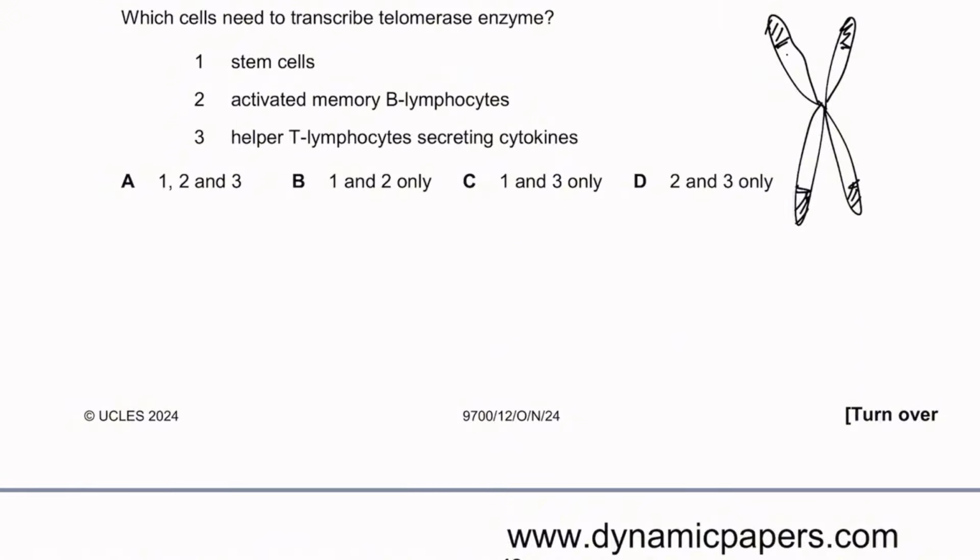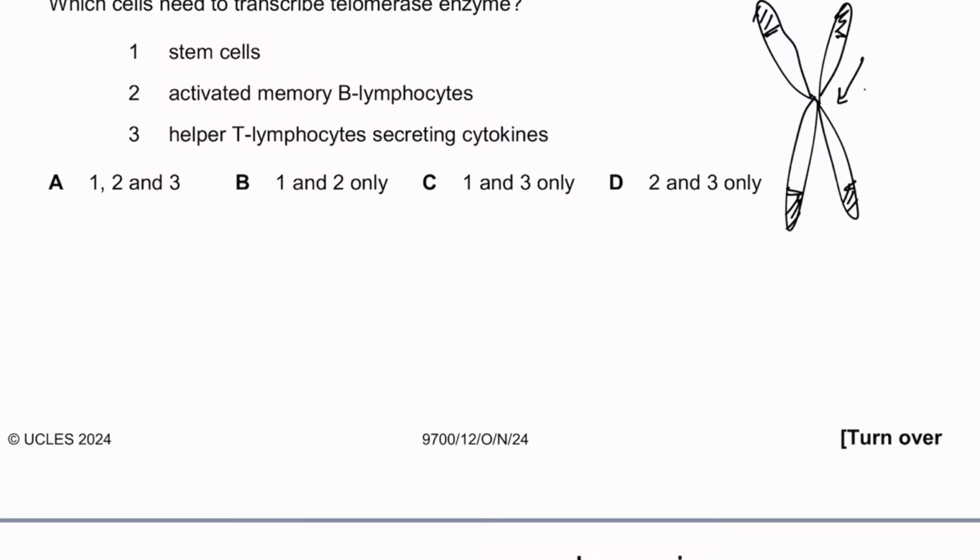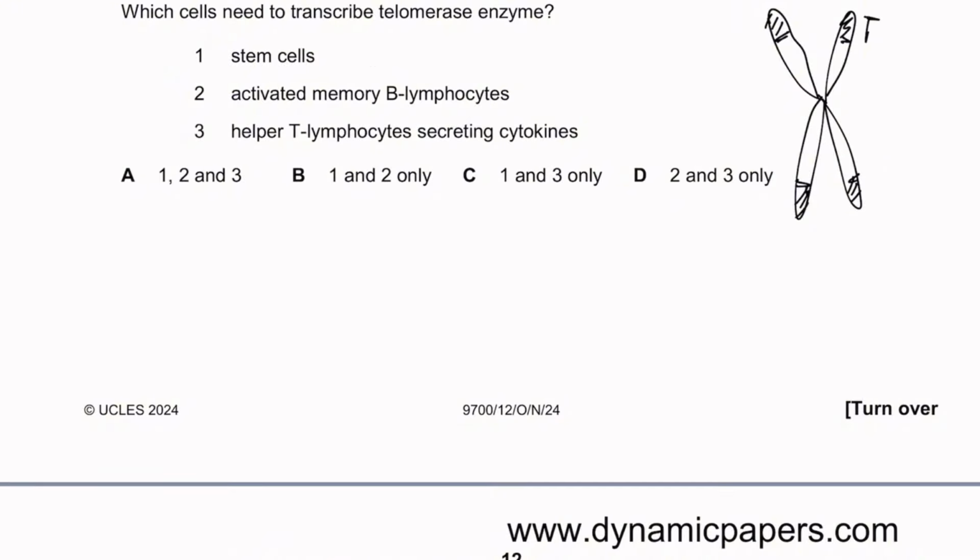So you have DNA all the way from here to there and everything, and then there's the ends that code for nothing. And this is because DNA polymerase, when it comes to replicate something, can't go until the very end. It can't start from the very beginning. And so what happens is that it deletes a part of the DNA. So it's better for your body to have it delete the part that is not coding for anything than for it to not replicate an important part, which is obviously wrong because it's damaging the DNA.